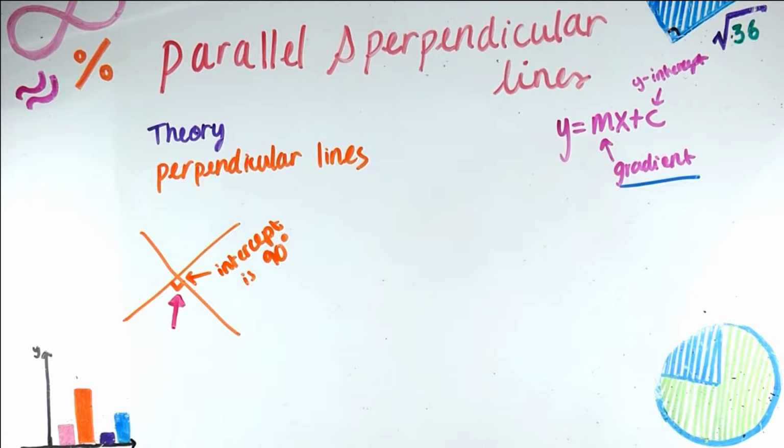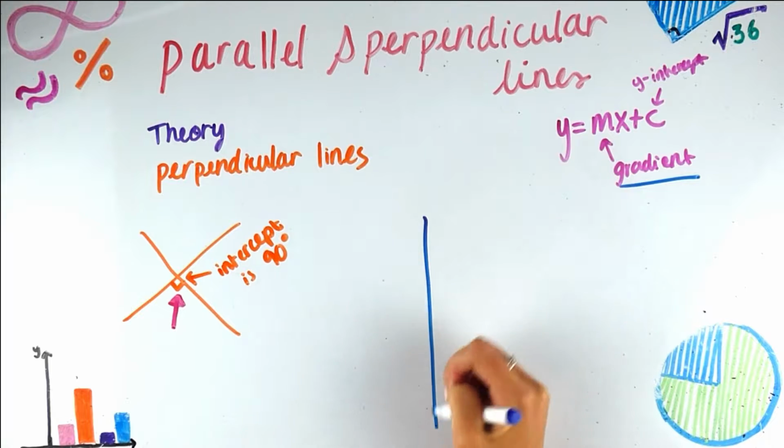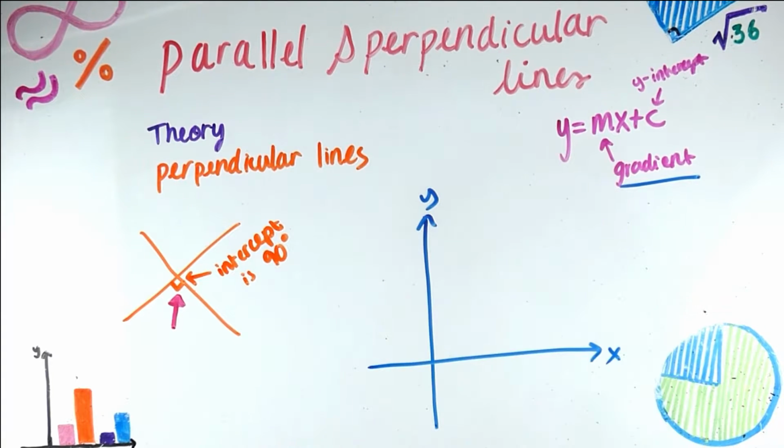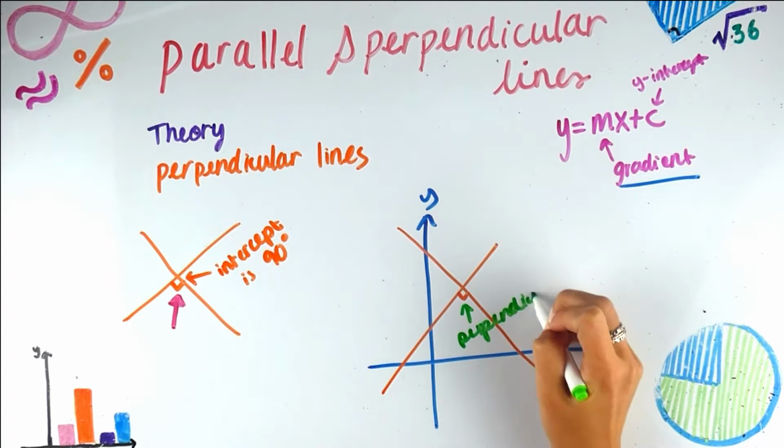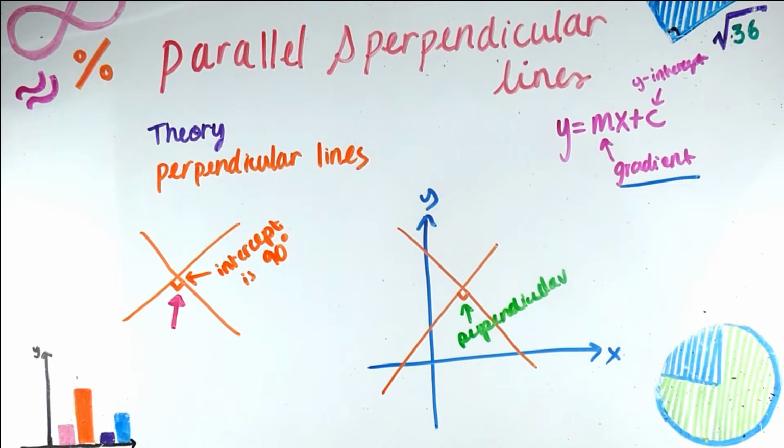So let's draw an axis and put that onto there. Okay, so in maths on a graph it would look a bit like that. And this here would tell us perpendicular. And it's not as easy as the parallel because as you can see the gradients aren't the same. It's not the same steepness.